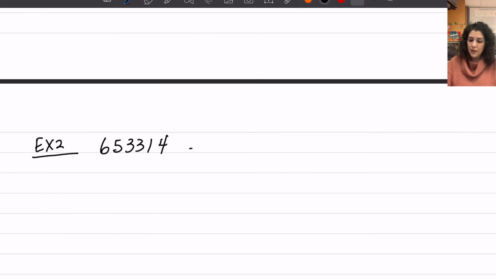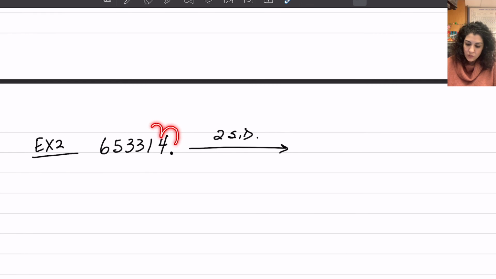And I want this number written in 2 significant digits. So again, I needed 2 significant digits. This is where my decimal is right now, and I'm going to need to move my decimal 1, 2, 3, 4, 5 times. So you always want to move it right after the very first digit. And so I'm going to write 6 point.